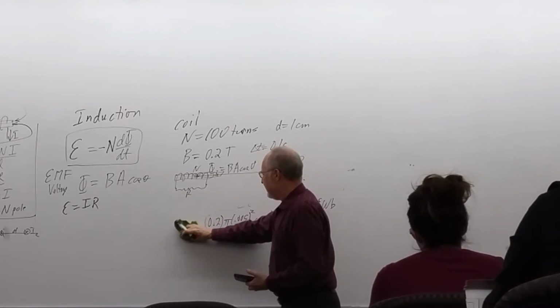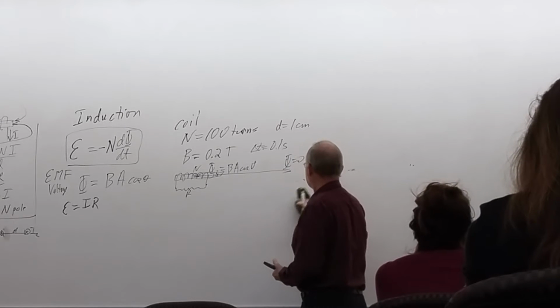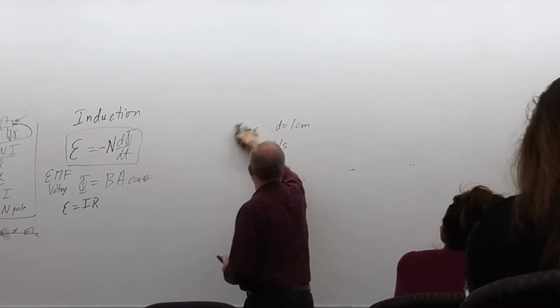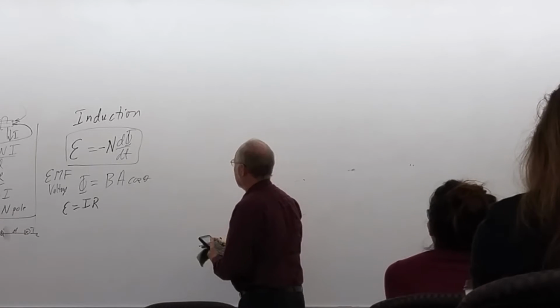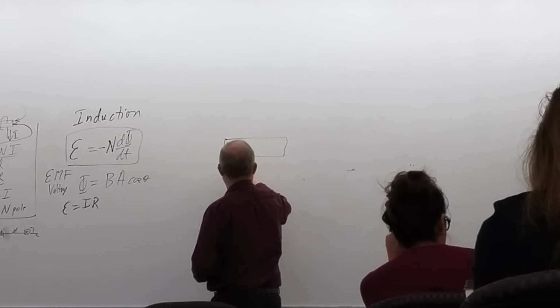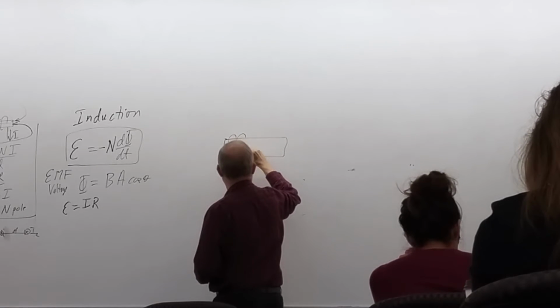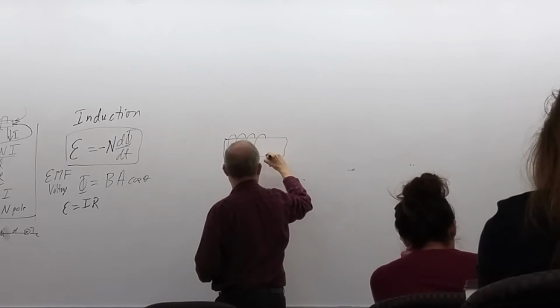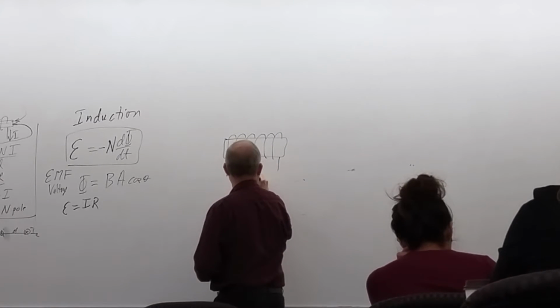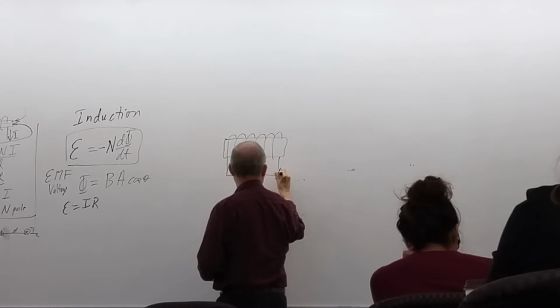As far as Lenz's law, that negative part, especially with coils, let me set up a coil system here. Here's my coil. It's wound front to back, going left to right. Here's my resistance to make it a complete circuit.